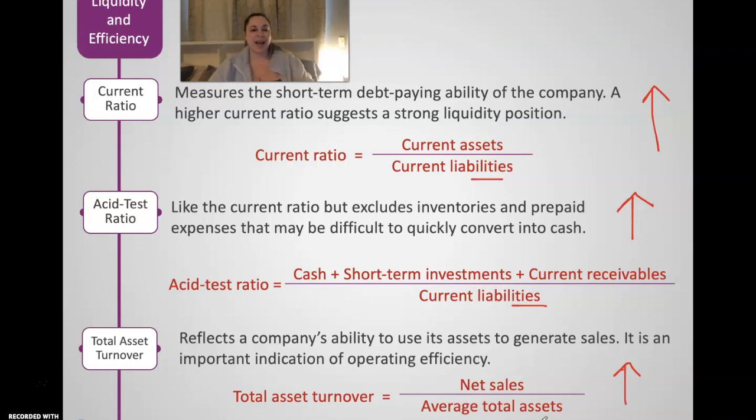So we're doing an average here, so don't just look at what our total assets are. You're going to look at your total assets from this year and last year, add them together and divide by 2. It's really important when you see average here that you calculate the average from last year to this year.